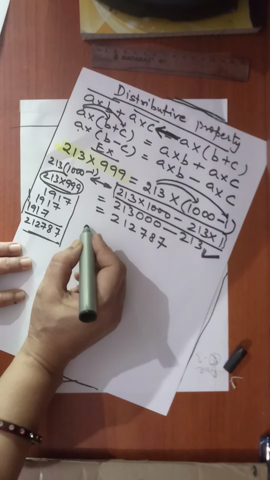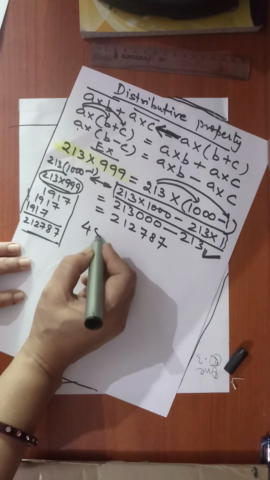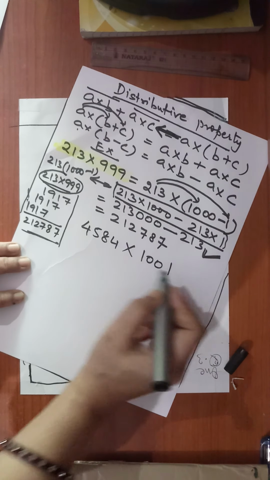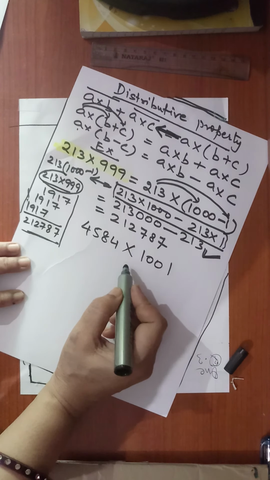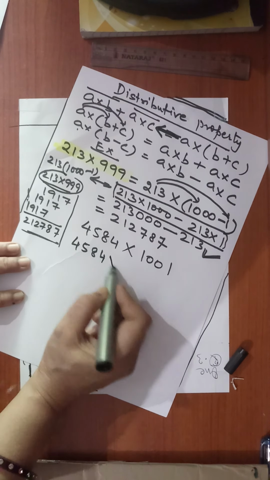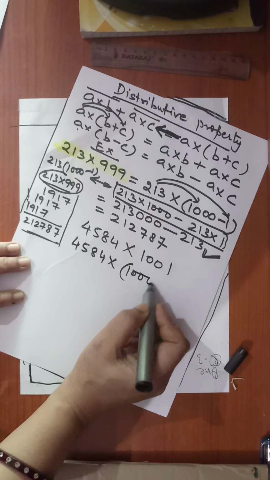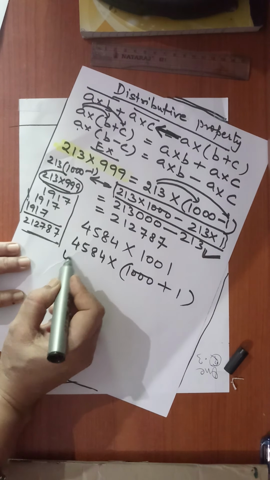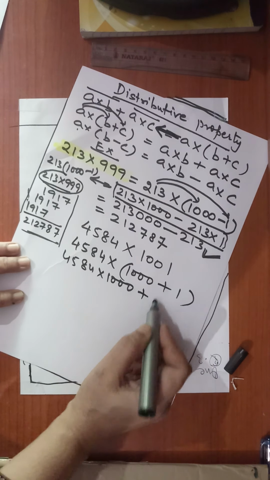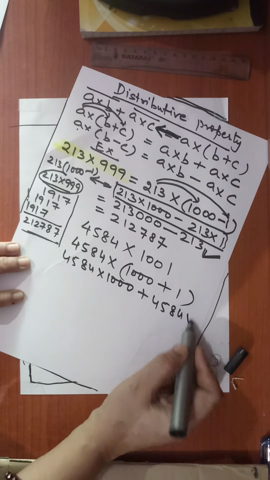Now suppose we have another question, say 4584, and this is to be multiplied by 1001. So what we can do here also, it is better, instead of multiplying it directly, we will expand it and then multiply. So 4584 multiplied by 1000 plus 4584 multiplied by 1.